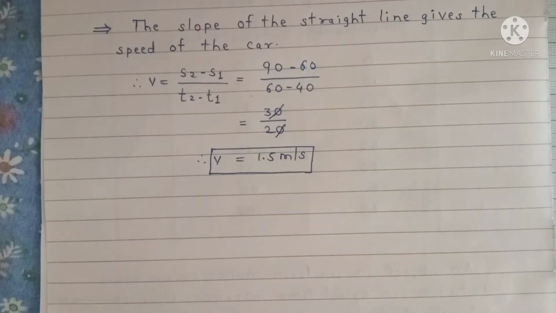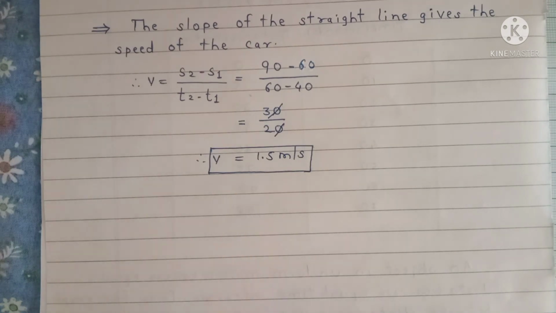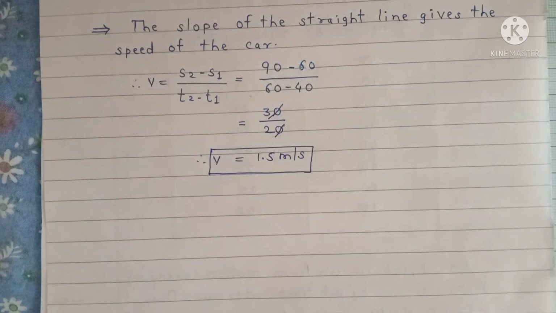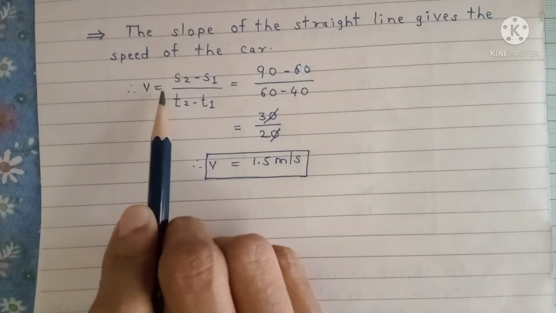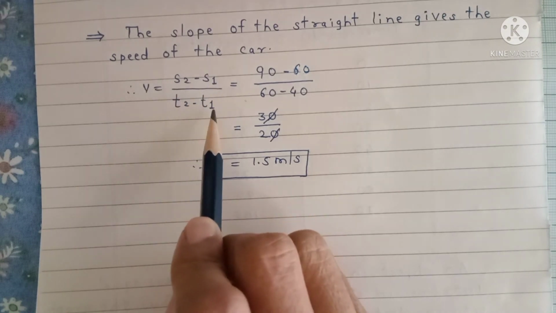So the slope of the straight line gives the speed of the car. Now here we have to calculate the speed of the car, children. We know the formula for speed or velocity, that is velocity is equal to distance upon time. But here we have two distances and two times, so on the basis of that slope, v is equal to s2 minus s1 upon t2 minus t1.